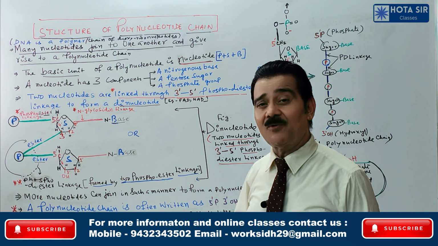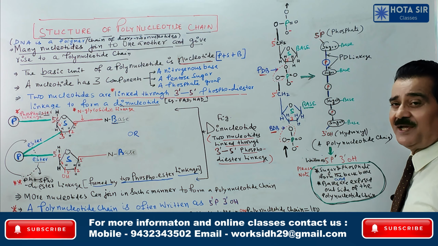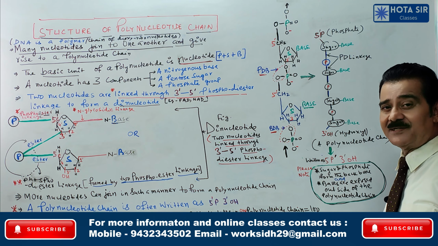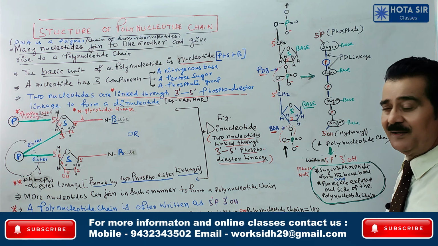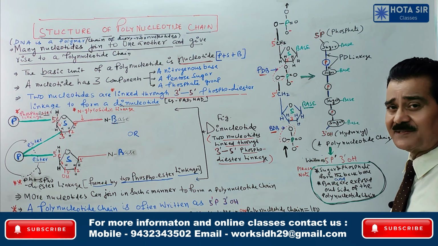Now a polynucleotide chain, have a look towards the board, my dear children. This is a long chain where many nucleotides are joining and finally forming a polynucleotide chain. Poly means many nucleotides are joining.